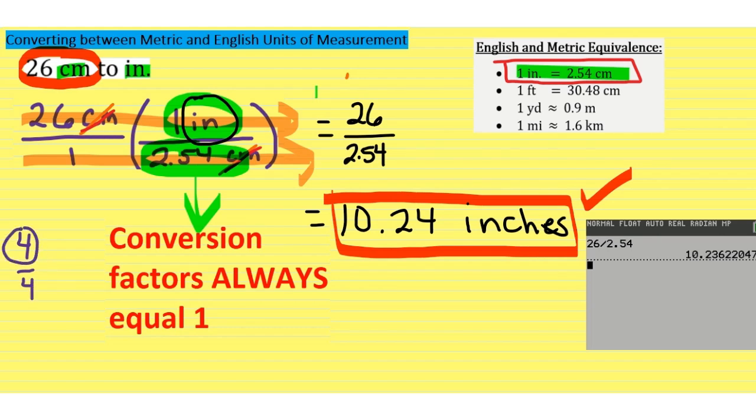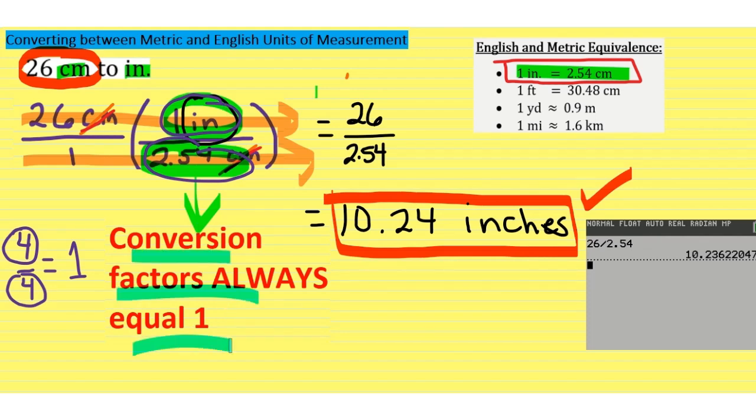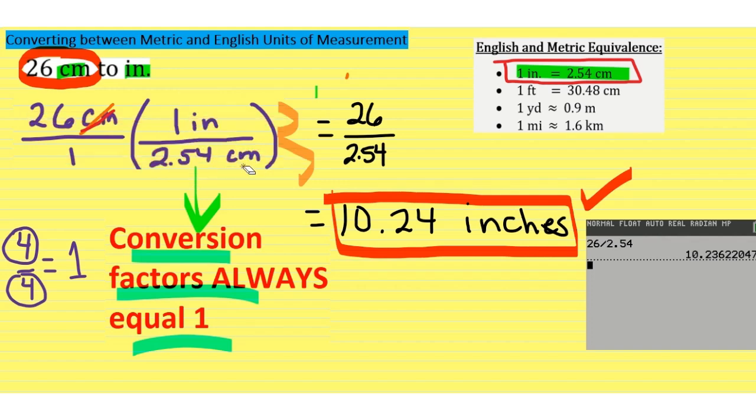Well, that's the same thing divided by the same thing, and it's equal to 1. So this is the same distance over the same distance. Therefore, this conversion factor is equal to 1. So hopefully that helps you understand how you set up your conversion factors. This right here is a conversion factor, and it has to always equal 1.